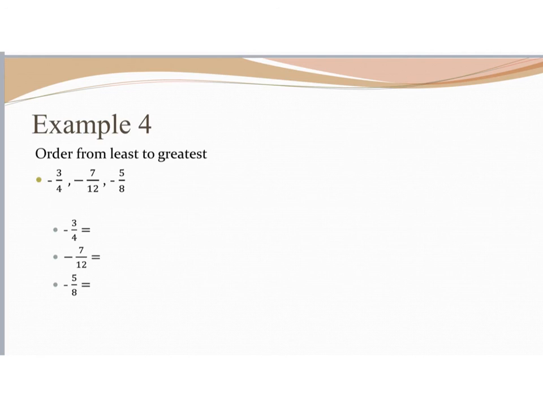So the first thing I'm going to do is I'm going to convert these to a decimal. A negative 3/4 is really a negative 0.75. A negative 7/12 is really a negative 0.583, and this 3 is going to repeat.